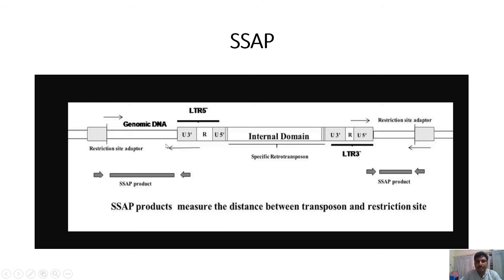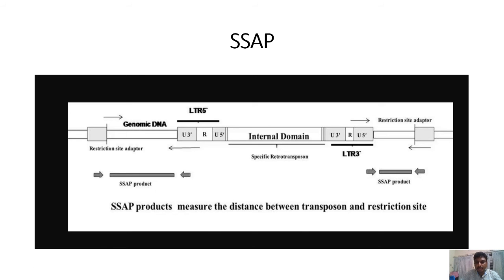Beyond 10 kb, those regions won't contribute in the SSAP. After the PCR process, you will get a pattern for one individual, and for another individual this pattern may be different. So it can be considered as a molecular marker.